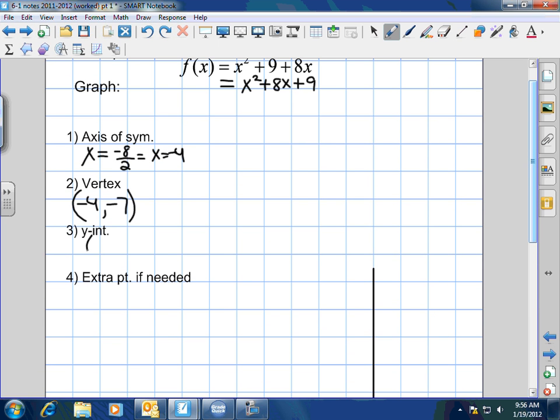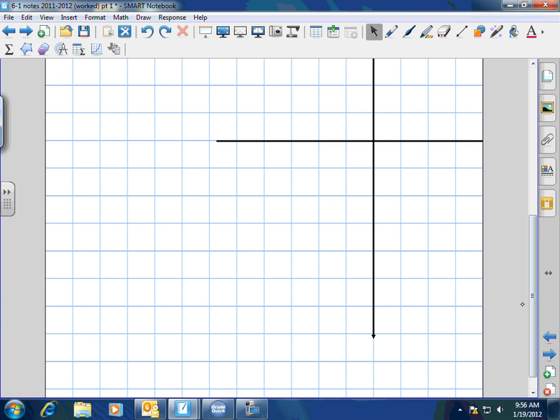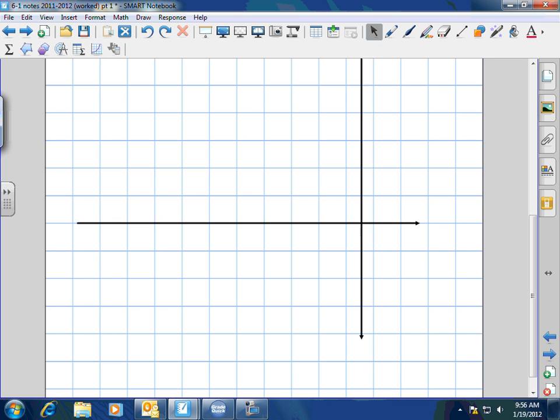So the y-intercept is 0, 9. Is the vertex equal to the y-intercept here? So am I going to need an extra point? No, it's not going to be needed here. Now, you guys tell me what to put into my graph, and now I'll graph it the right way. And I apologize about any confusion.